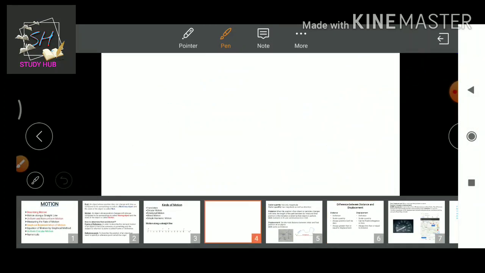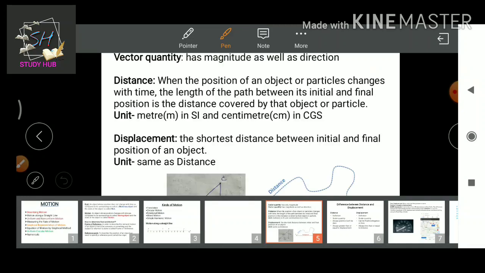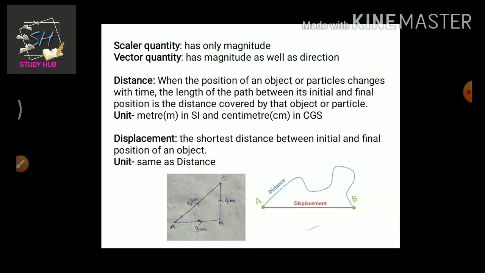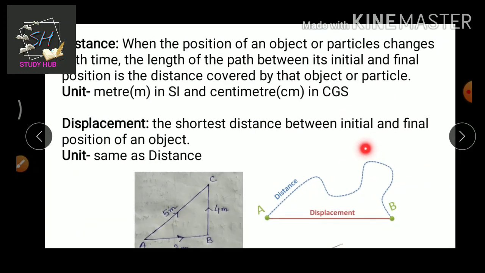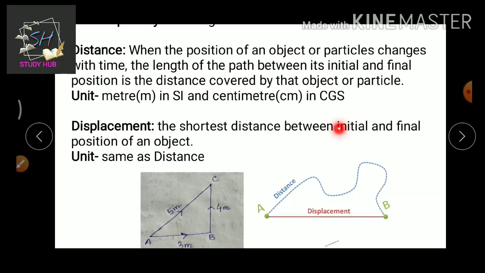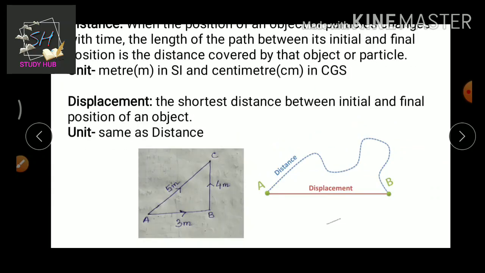Now let's understand what is displacement and what is distance. As you can see, here is a picture or diagram A to B. Now you can go to B from A by various ways. Suppose as in diagram there is a way from here to here, and also there is a way from here to here.